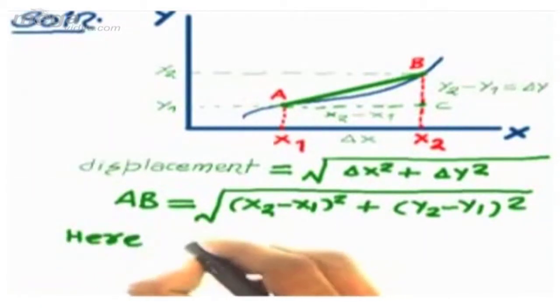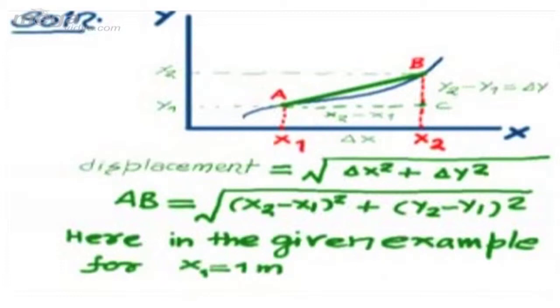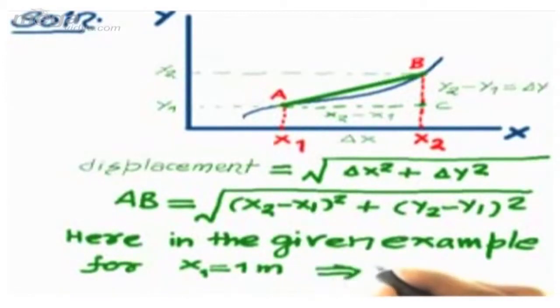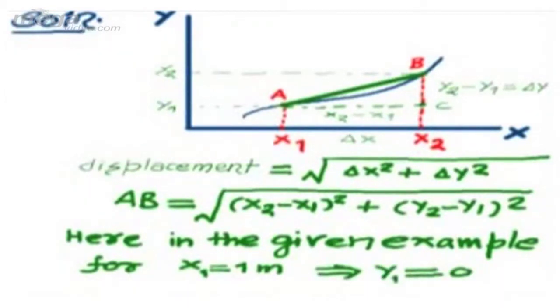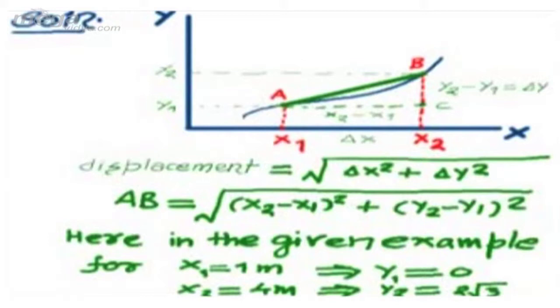Here in the given example, for x1 equal to 1 meter, we get y1 equal to 0, and for x2 equal to 4 meter, we get y2 equal to 2 root 3.